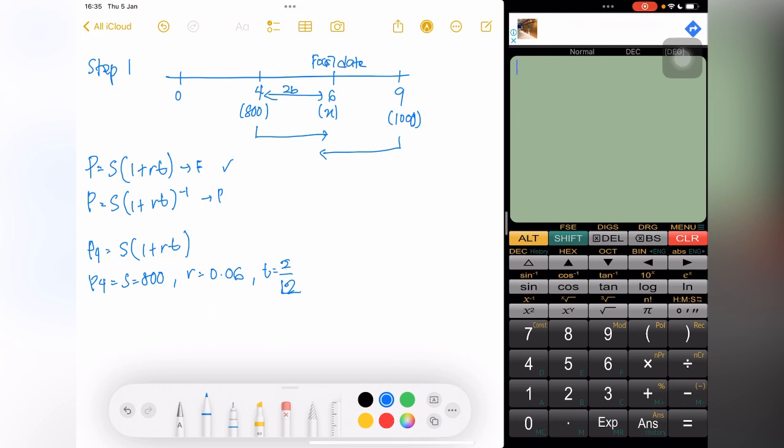Okay, so kita masukkan sahaja nombor dalam perkali. P4 sama dengan S(1 tambah RT), iaitu 800 buka kurungan 1 tambah R kita 0.06, T kita adalah 2/12, tutup kurungan.